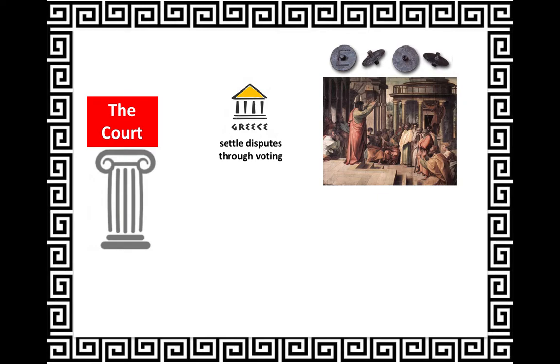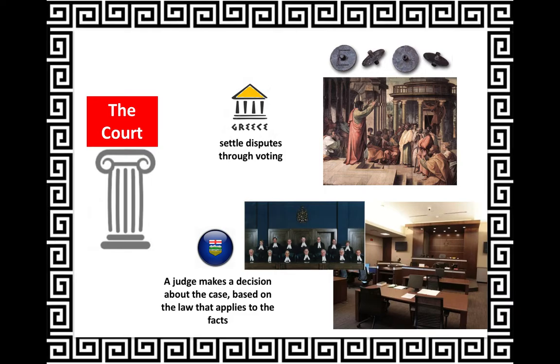How would this be similar or different to Alberta's government? Well, a judge makes a decision about the case based on the law that applies to the facts. So the judge is much like the magistrates in ancient Greece, and the juries are much like our juries that we have here in Alberta, or across Canada, a group of your peers deciding on the outcome of the issue, right?